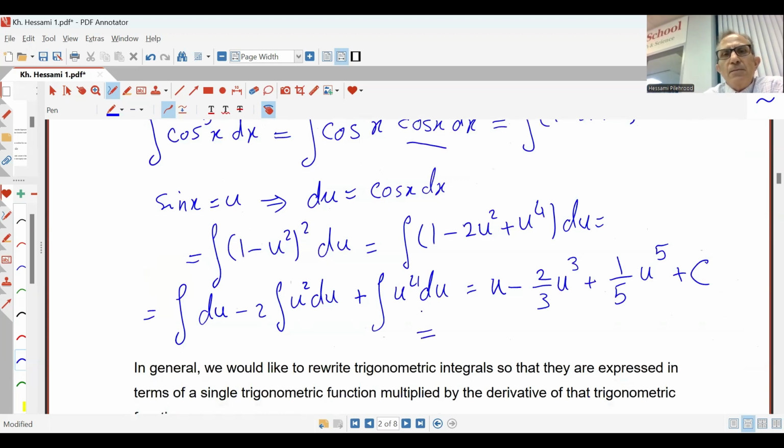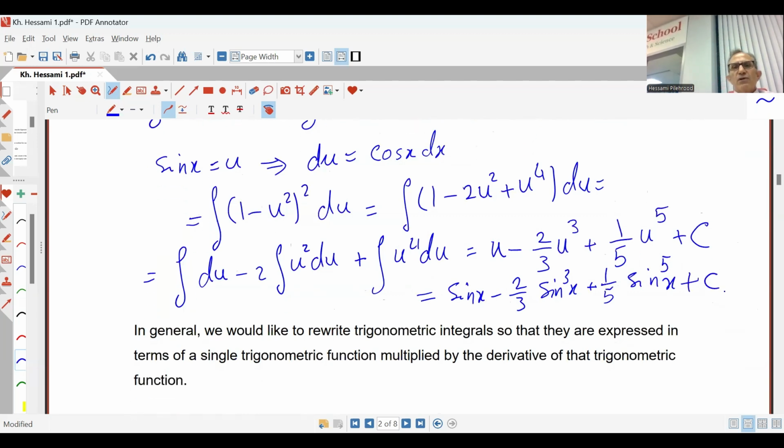So if we replace u by sine x, we'll have sine x minus 2 over 3 sine cubed x plus 1 over 5 sine to the power of 5 x plus c.